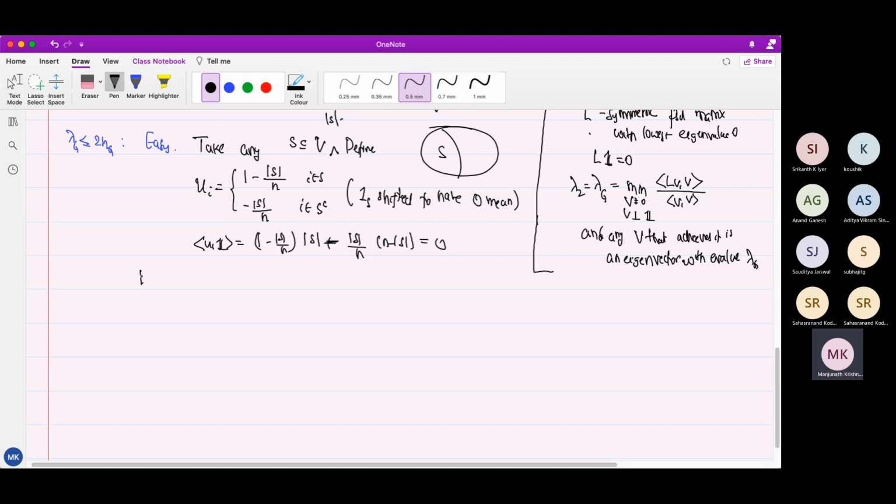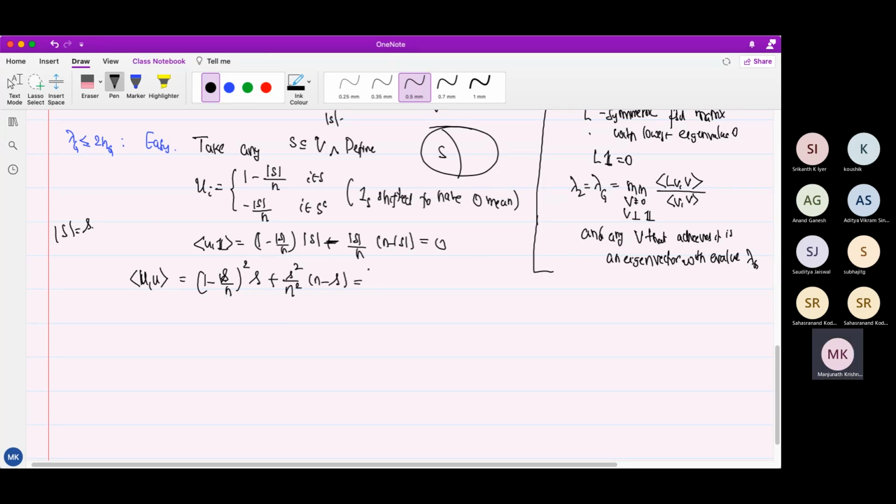What is u inner product u? Let's call |S| small s, just for simplicity of writing. Then it is (1 minus s by n) squared, times s, the summation of u_i squared, and this s squared by n squared comes n minus s times.